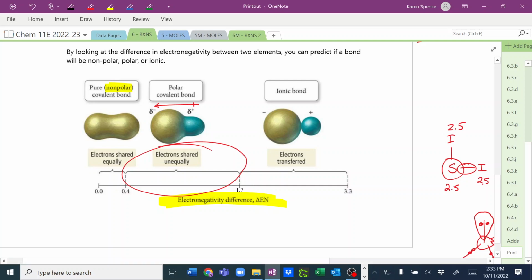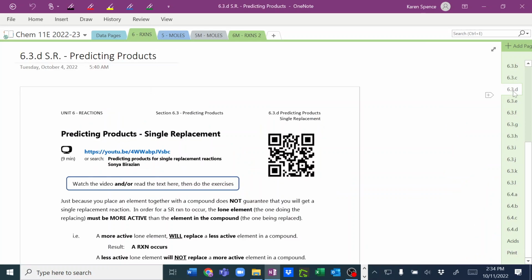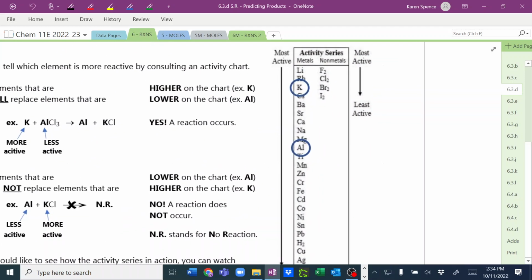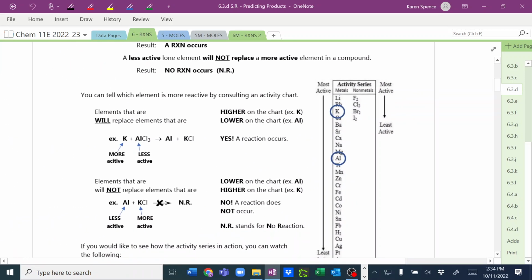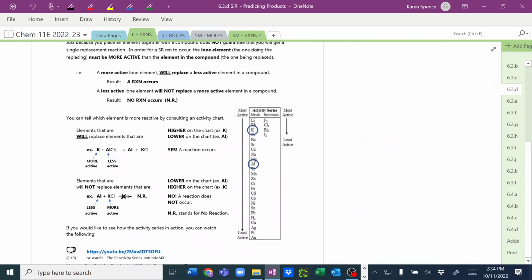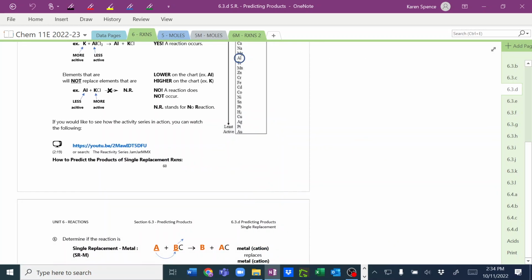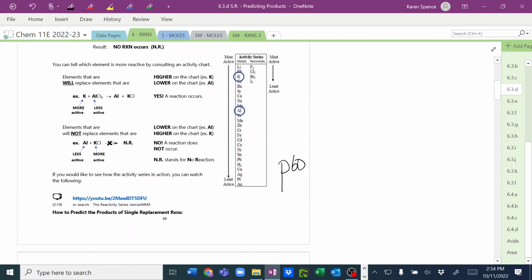Okay, so we were going to talk about, is that 6.3D? It is. Okay, activity series. This is on page 60. Oh, that's irritating.